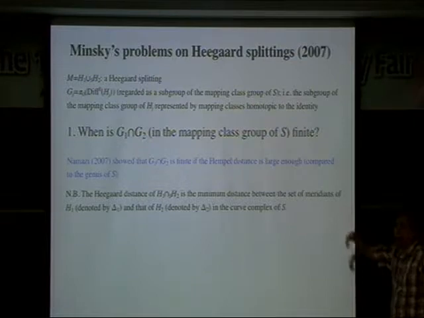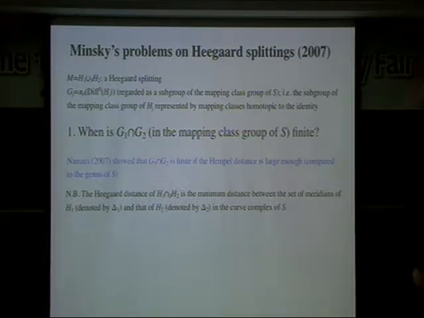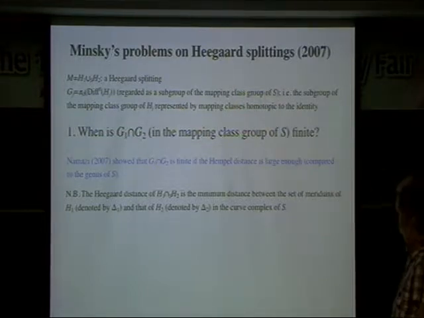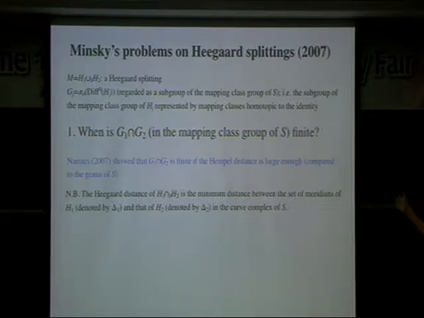H1 and H2 each have a system, or a set, of meridians, and their boundaries are regarded as simple curves on the Heegaard surface. So there is a set of meridians of H1 and a set of meridians for H2.